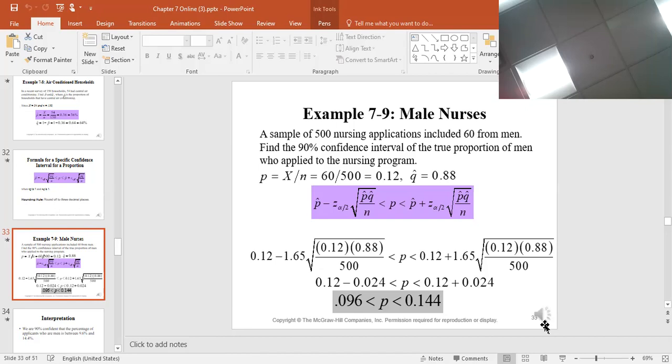To determine if this sampling distribution of sample proportion is normal, we want n times p. So x equals n times p hat, which is 60.